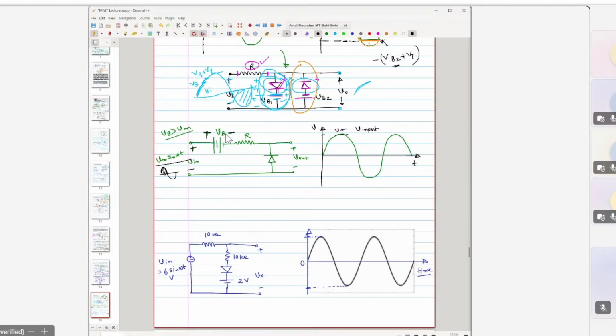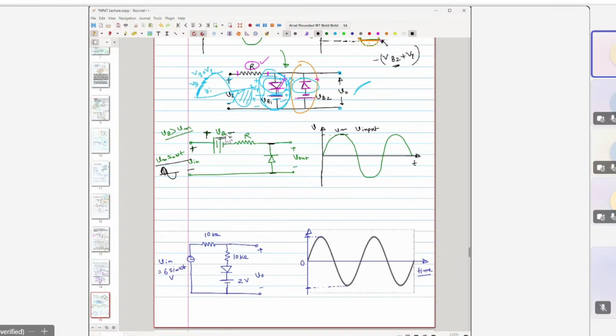Till this part, this battery is making this diode conducting, right? Till that part, you will not get any voltage across this. Obviously, we are not considering gamma here. If you are considering gamma, you will get a gamma potential across that, V gamma. We are not considering it here.